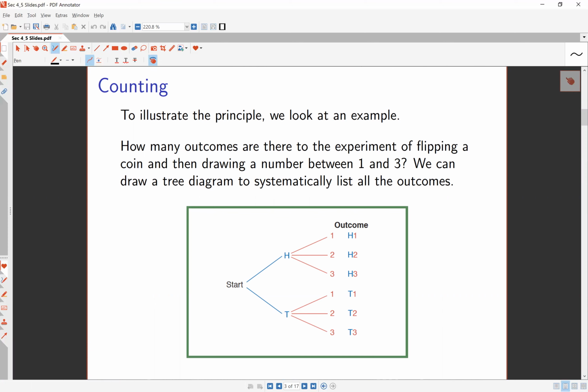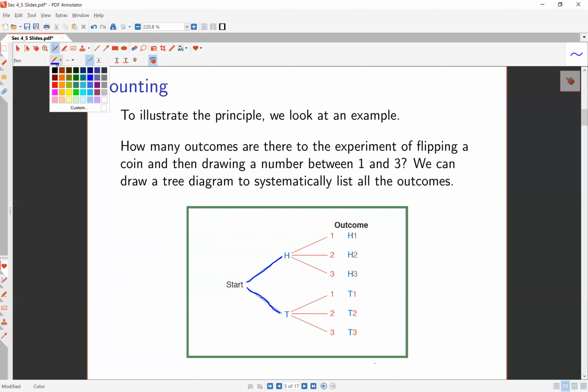Well, we can easily draw a tree for each of the actions. So when you start the game, you flip a coin, and so the first branching of this tree consists of the 2 possible outcomes from the coin toss, heads or tails.